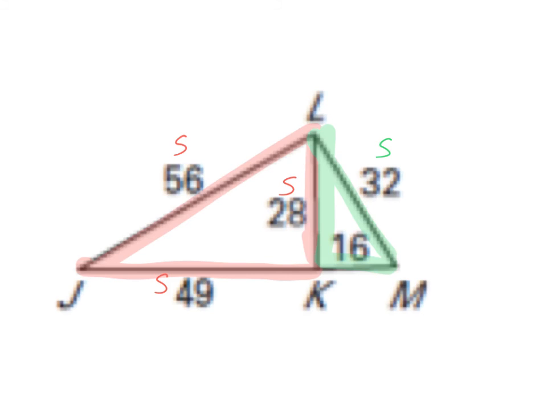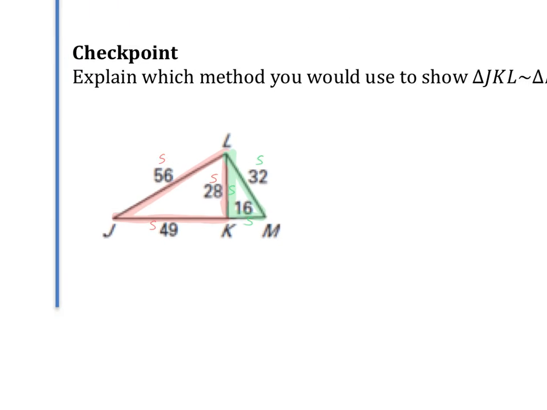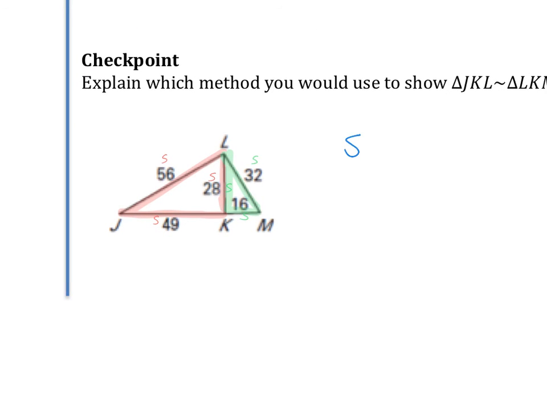We also know the 3 sides in this green triangle. So what method will be used to show these triangles are similar? We would use side, side, side similarity because we know all the side lengths.